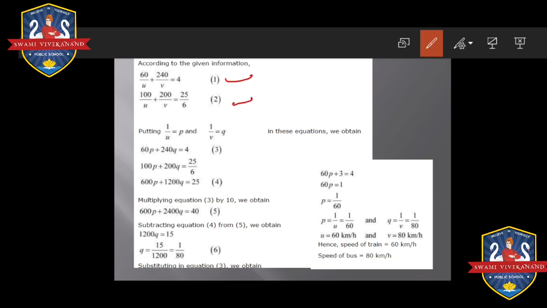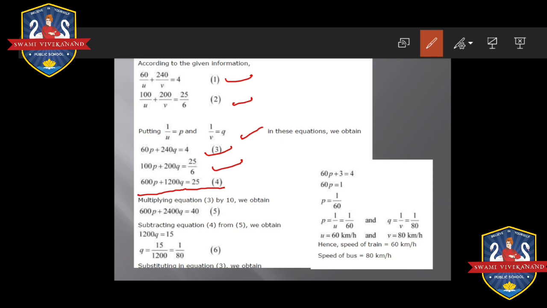How can we solve it? By reducing these equations to linear form, as these equations are not in linear form. So we put 1 by u is equal to p and 1 by v is equal to q. On putting, we get 60p plus 240q is equal to 4, and in the second equation it is 100p plus 200q is equal to 25 by 6, and on cross multiplication it becomes this. Now we just solve it by the elimination method.